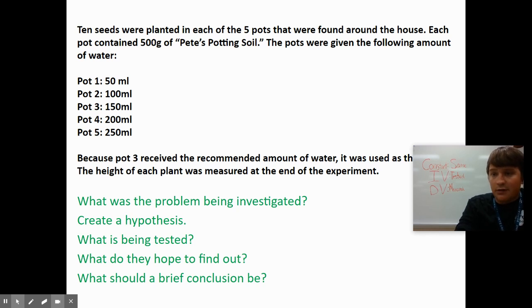The independent variable, however, is what we are testing. In this case, we are testing the amount of water. How much water is going to be in each pot? That is our independent variable.